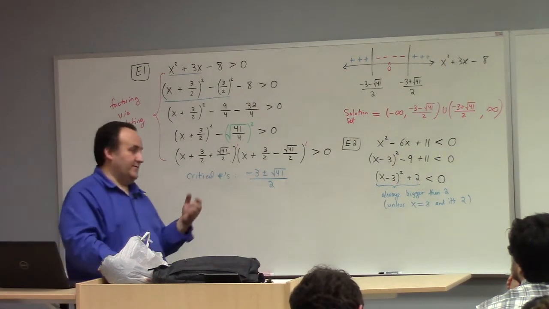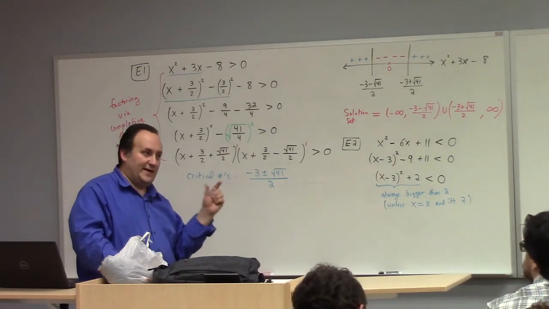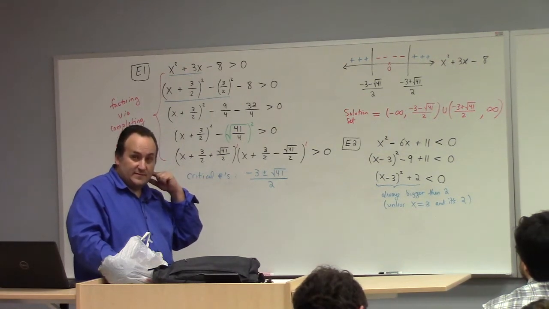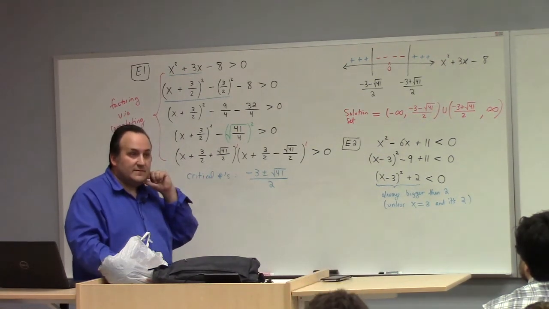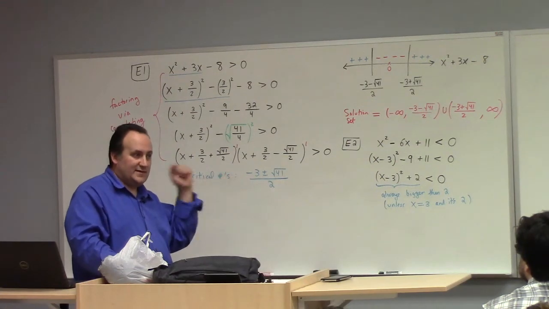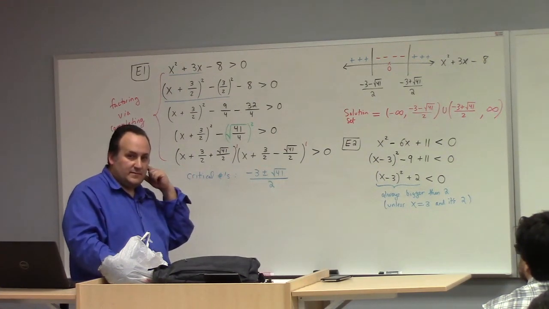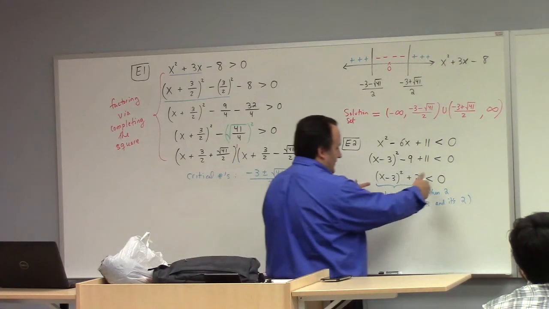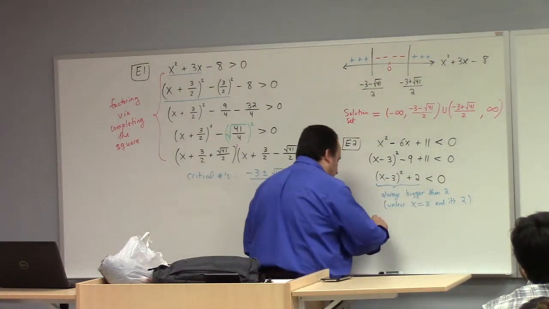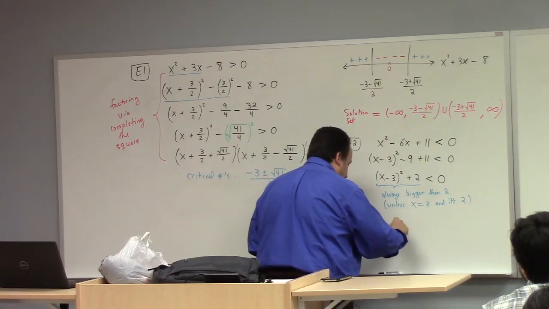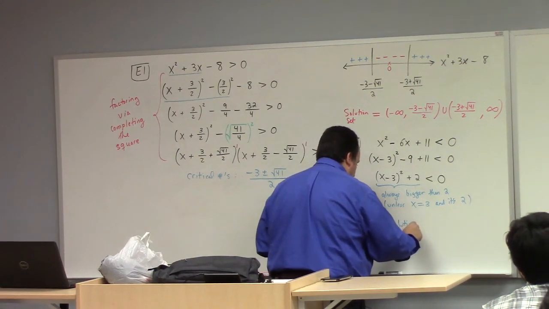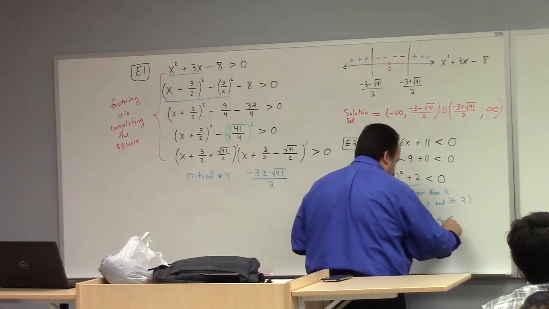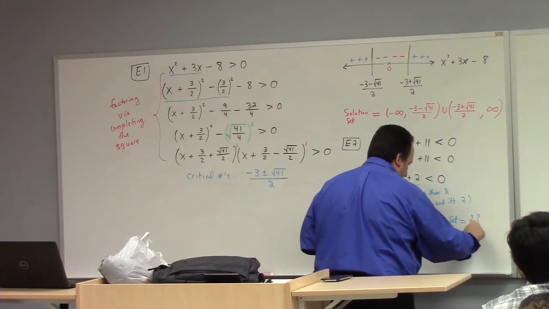But otherwise, if you look at it, we're taking a square of something, we're adding it to 2, right? So 2 is the smallest that gets. Can that be negative? If 2 is the smallest it gets, can it be negative? No, it can't, right? So the solution here is there is no solution, so no solutions. Or, in other words, solution set is the empty set.